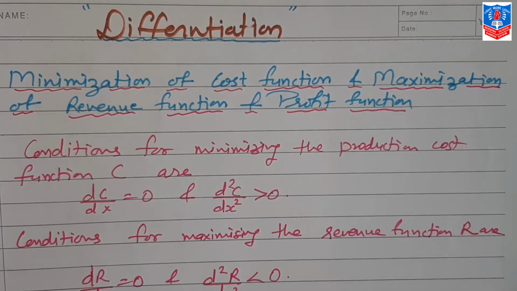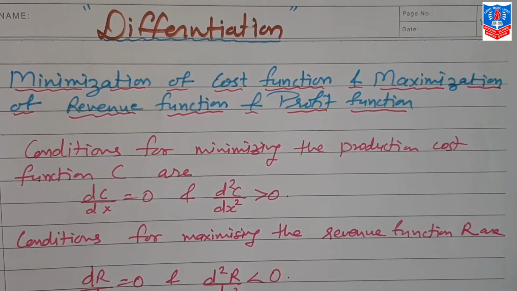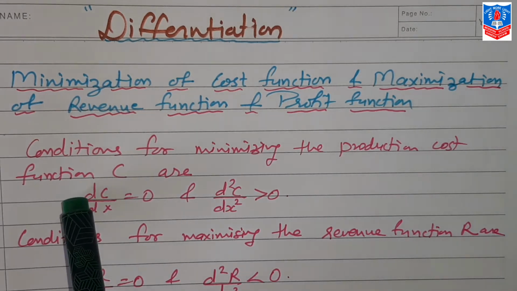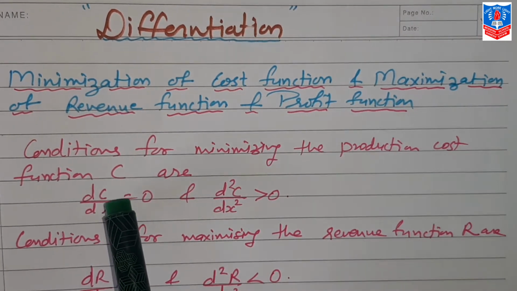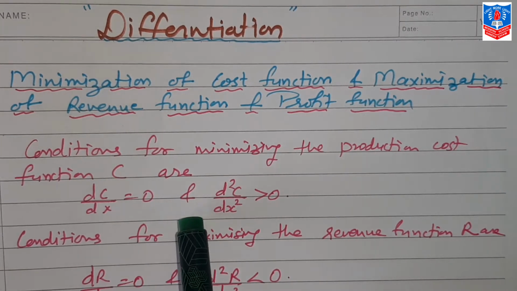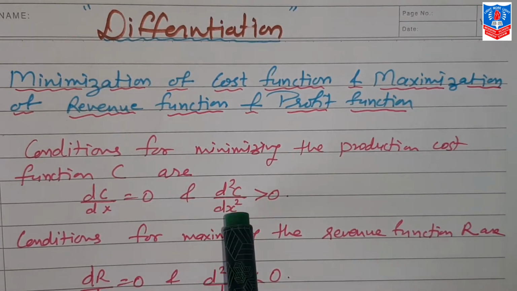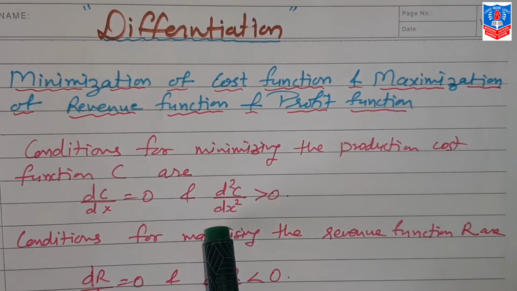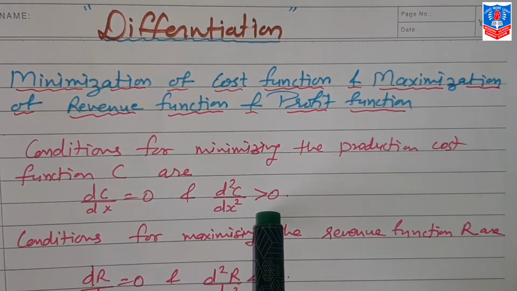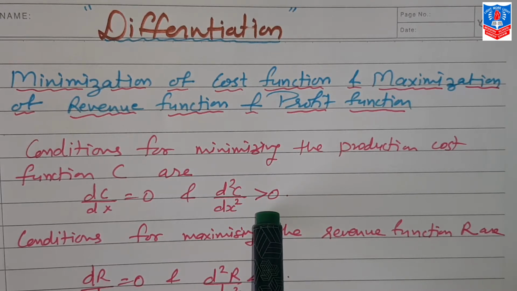So first let us discuss the conditions for minimizing the production cost function C. First condition: dC/dx is equal to 0, and second condition: d²C/dx², the second order derivative, should be greater than 0.